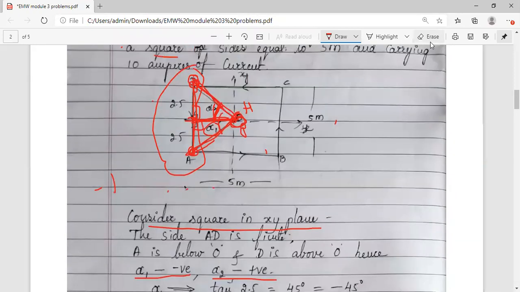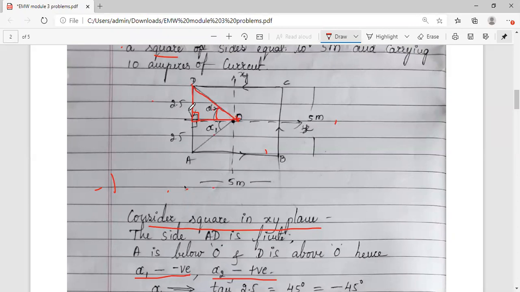For finding alpha, we will make use of the trigonometric functions sine, cos, tan. So how will you find this angle? This is your hypotenuse. Suppose I want this triangle, where here it is 90 degrees. You want this angle. How will you define sine theta or cos theta?